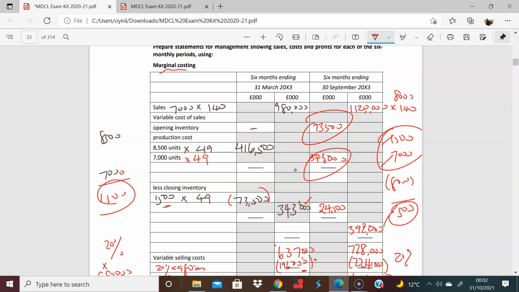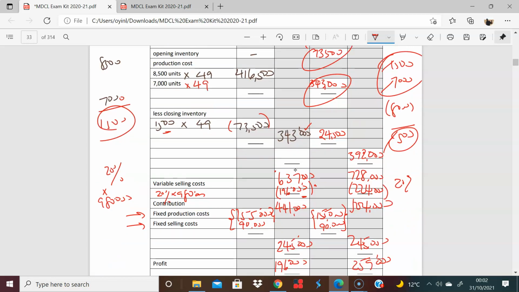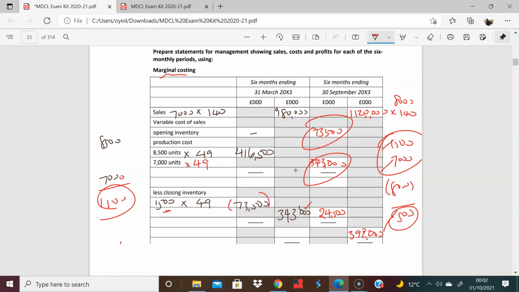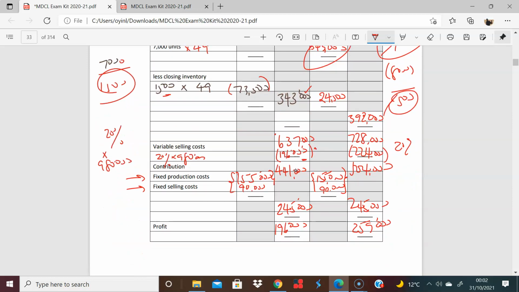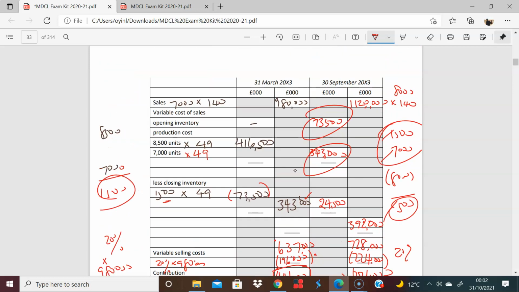And so what you now have in effect is that we can calculate your contribution. We know you have 980,000 minus the cost of sales, giving you your 637, minus this variable selling cost, and you now have your contribution of 441,000.